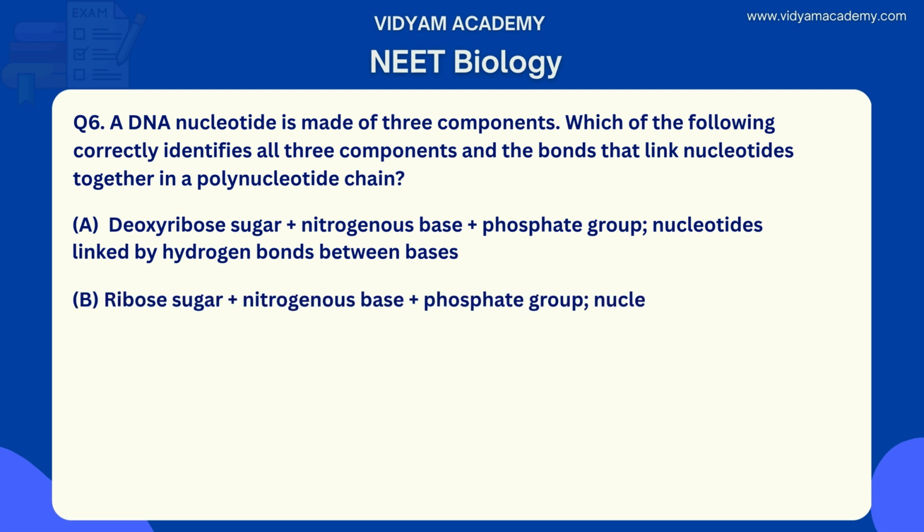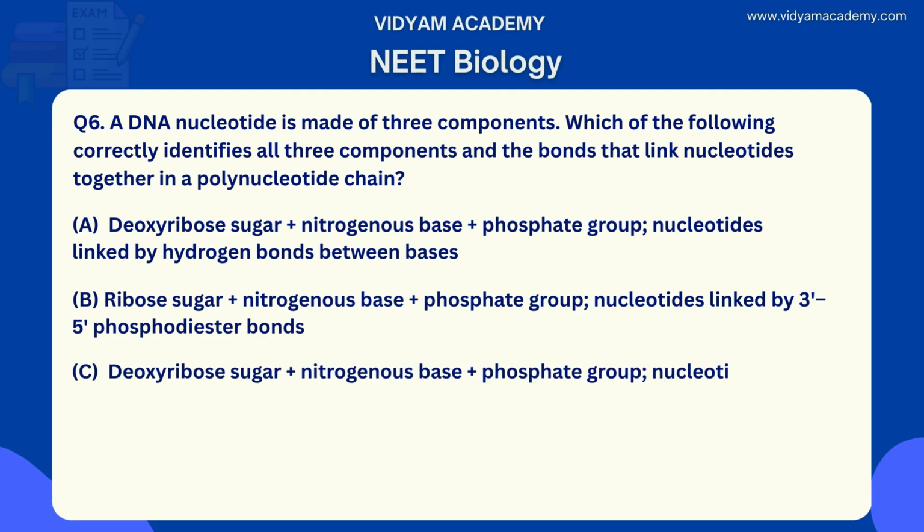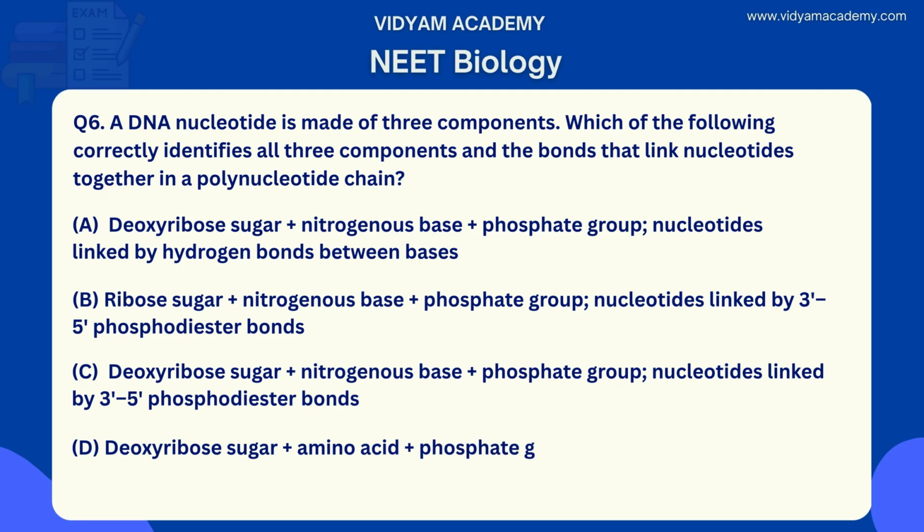Option B, ribose sugar plus nitrogenous base plus phosphate group, nucleotides linked by 3' to 5' phosphodiester bonds. Option C, deoxyribose sugar, nitrogenous base, phosphate group, nucleotides linked by 3' to 5' phosphodiester bonds. And final one D, deoxyribose sugar plus amino acid plus phosphate group, nucleotides linked by peptide bonds.